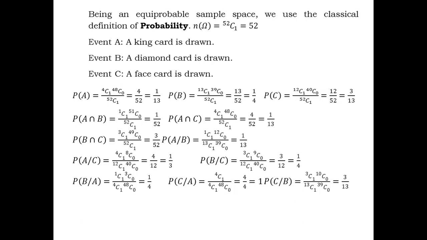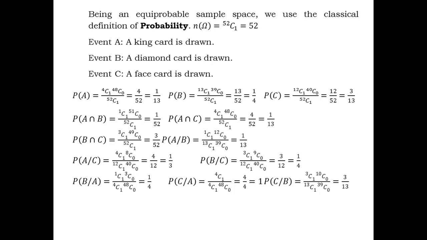Probability of B given A: already event A has occurred, I have drawn a card, it is a king card. What is the probability that it's a diamond? 1 by 4. Probability of C given A: I have drawn a card, it is a king card. What is the probability that it is a face card? Yes, every king card is a face card, so 4 by 4, that is 1. So this is a sure or certain event.